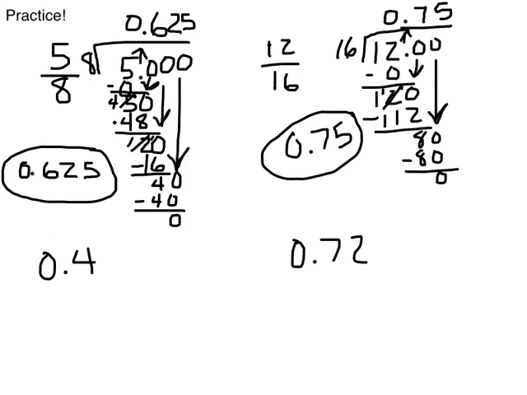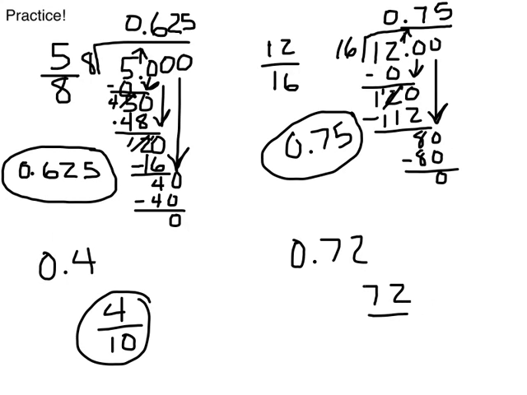Now let's convert two decimals to fractions. Write 0.4 as a fraction. That decimal is 4/10. Now try writing 0.72 as a fraction. That fraction is 72 hundredths.